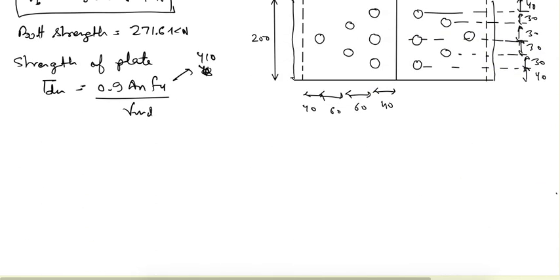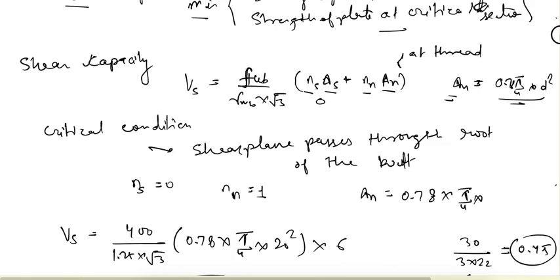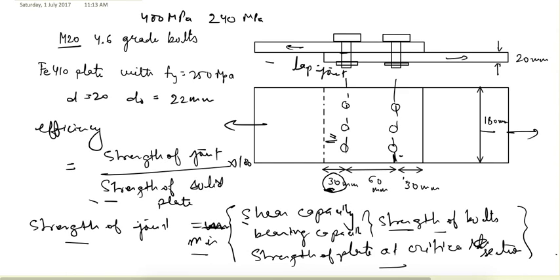So using that we can calculate the An, that is 0.9 into An would be, what is the width here? So width is 180 minus 3 bolt holes, that is 180 minus 3 into 22, multiplied by the thickness, that is 20 mm. That would be our An.